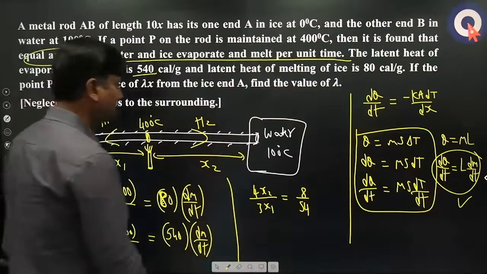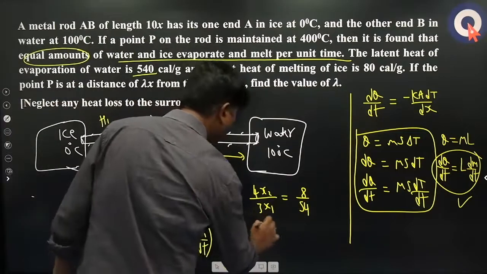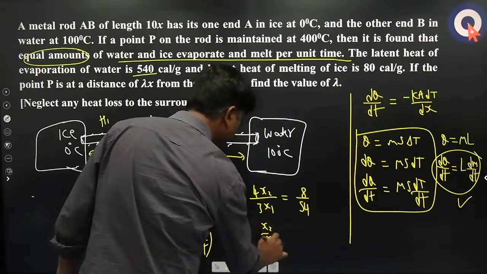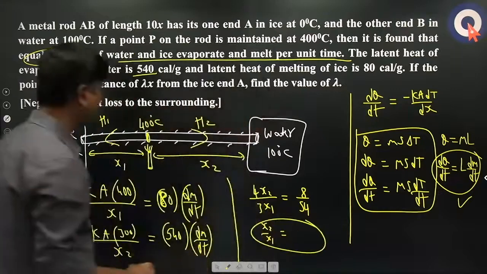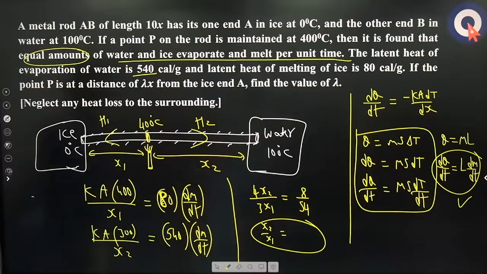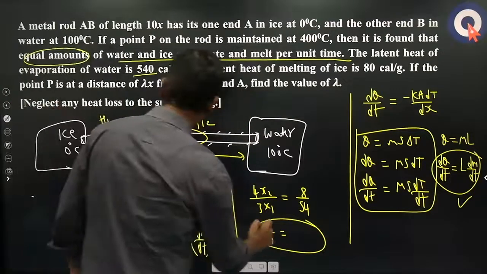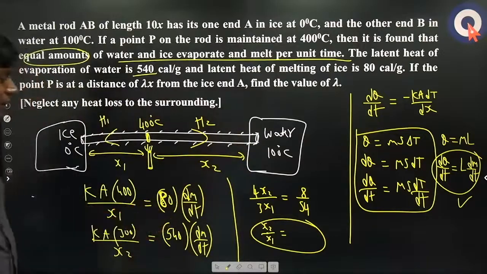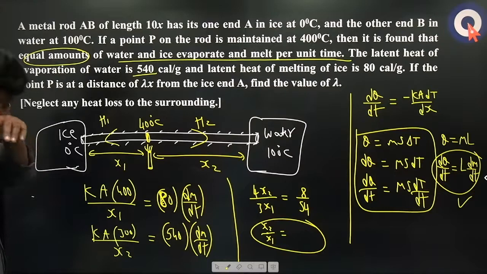From here we can get the value for x2 by x1, or simply you can get only the x1 also, right? Because total length is 10x, so you can get that particular ratio.